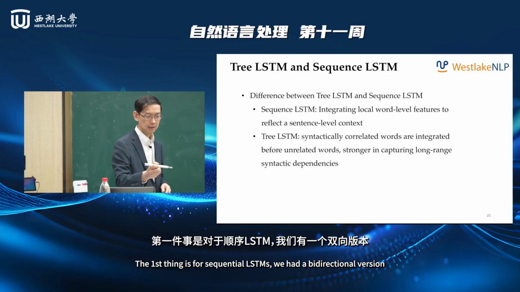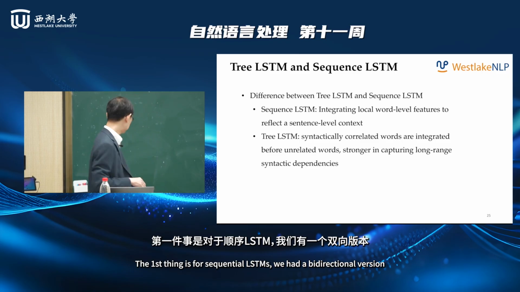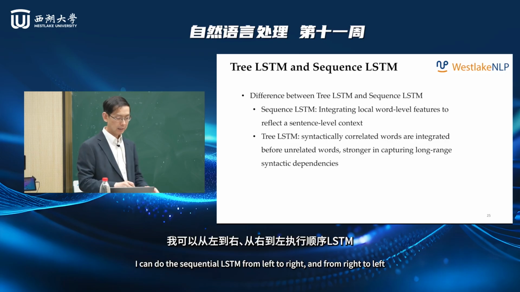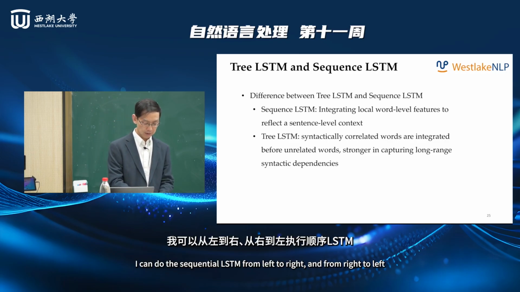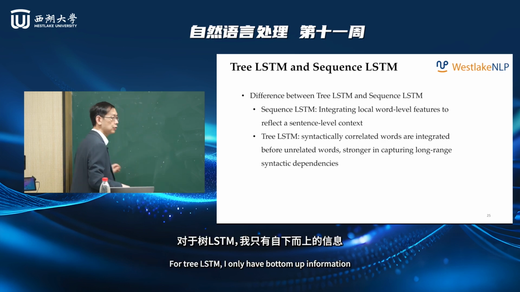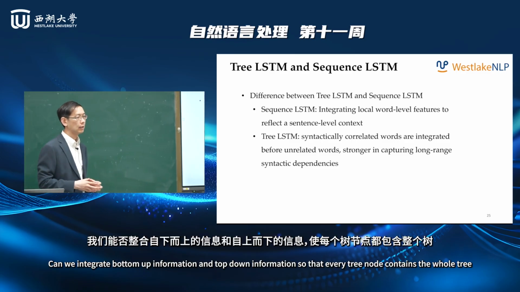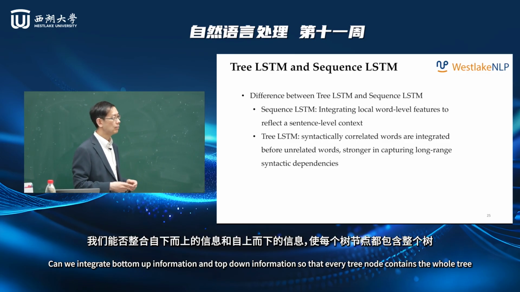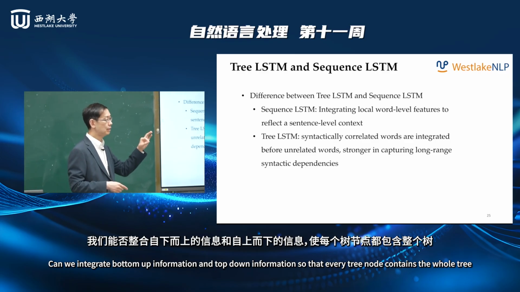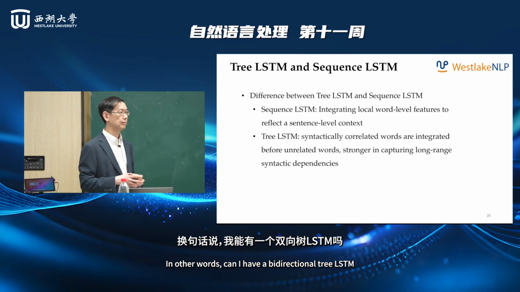The first thing is, for sequential LSTMs we had a bidirectional version: I can do the sequential LSTM from left to right and from right to left. For tree LSTMs, I only have bottom-up information. Can we integrate bottom-up information and top-down information so that every tree node contains the whole tree? In other words, can I have a bidirectional tree LSTM?